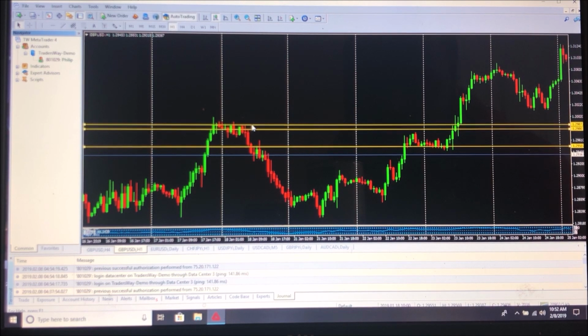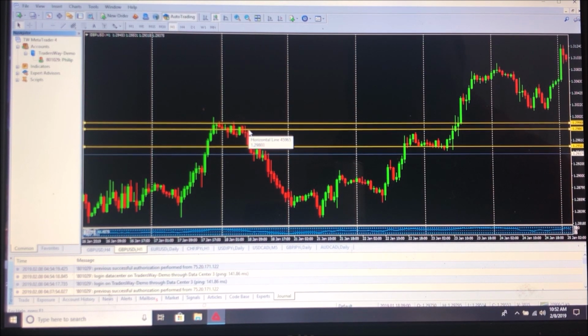So if the end of the wick here is at 1.29803, then 1.29903 would be your entry point. All right.